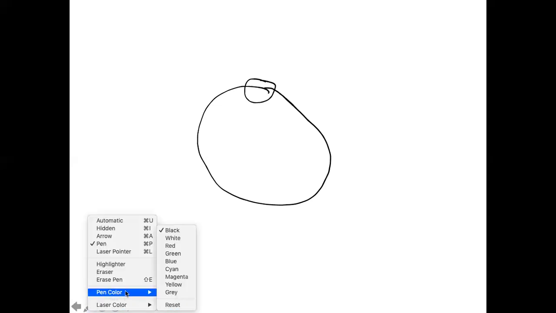So here is our cell, right? Here's our sodium potassium pump. We're going to kick out 3 sodium, right?